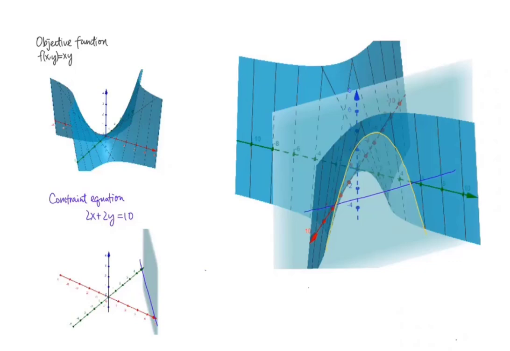In the last video, we used two examples to illustrate that if we think of the graph of f as a mountain, then the constraint gives us a mountain path. To find the maximum under the constraint means to find the highest output point on this path.